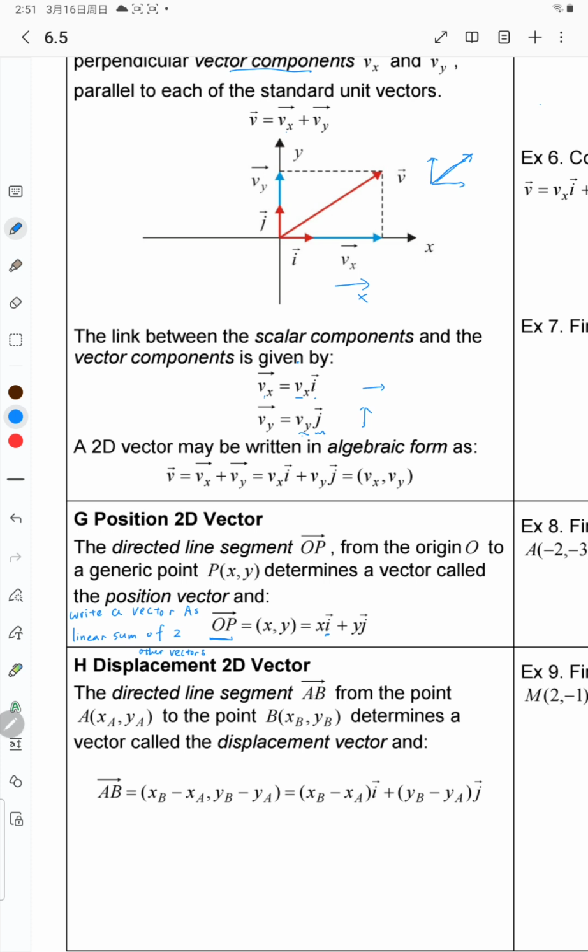So, displacement of two vectors from B to A. The last time I think we also talked about it. The x and y coordinates would just be x of b minus x of a, y of b minus y of a, and then we project it onto the i and j directions.